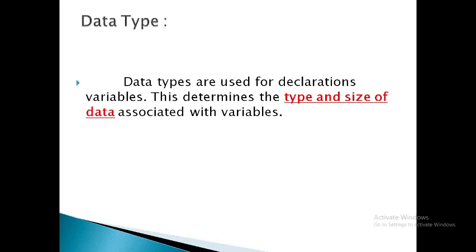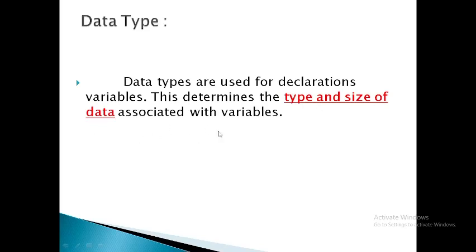In many codes you might have seen a equal to 10, b equal to 20, and we have to declare a and b. So what are this a and b? A and b are variables, and variables are declared by using different data types. Data types are used for declaration of variables. This determines the type and size of the data associated with the variable.